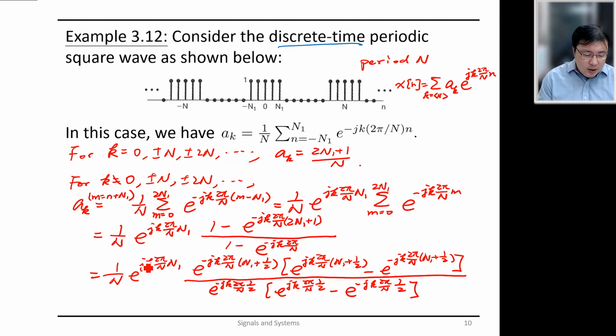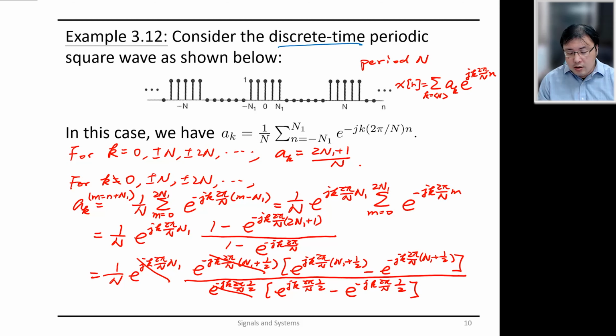So these terms cancel out. And then inside here, when we take one complex exponential minus the complex conjugate of it, we get 2j times the sine of this phase, and similarly in the denominator.